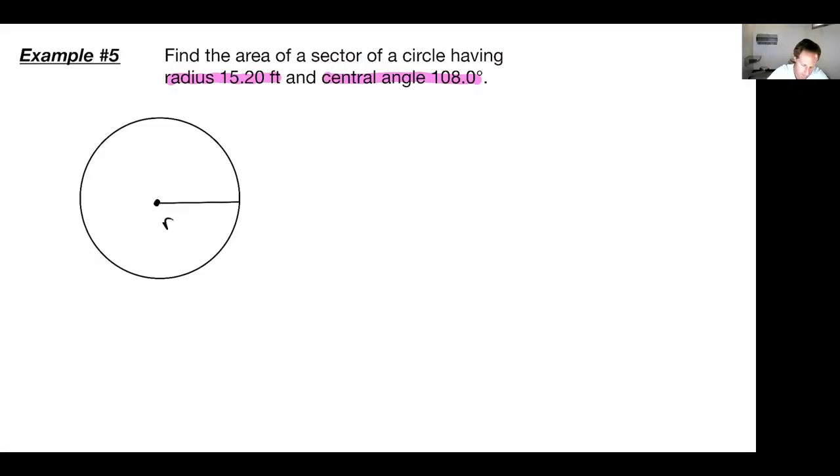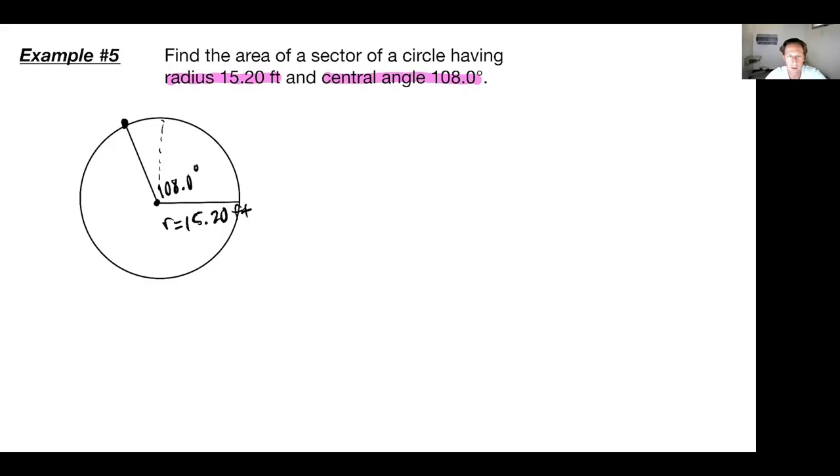So I know that this is a radius of 15.20 feet, and then I'm going to rotate 108 degrees, which means a little bit more than 90, 18 more. So maybe about there.